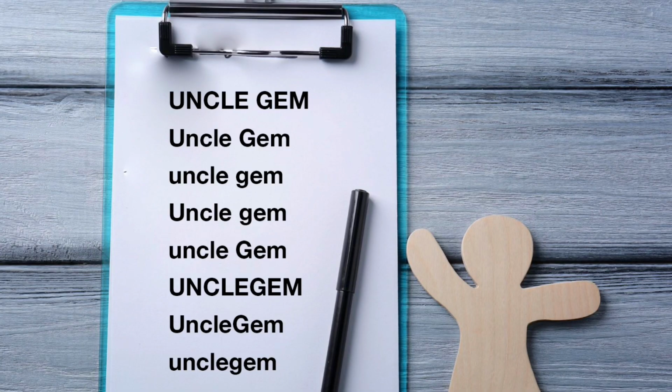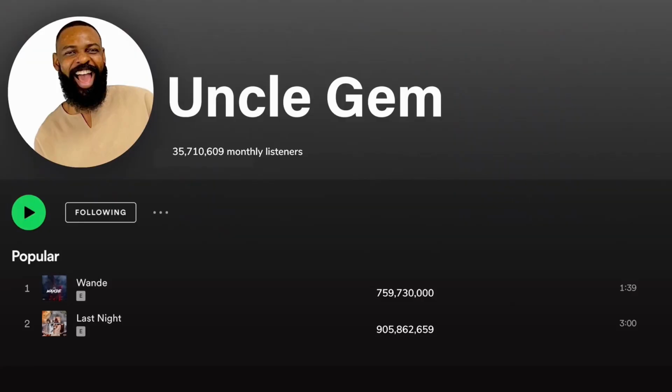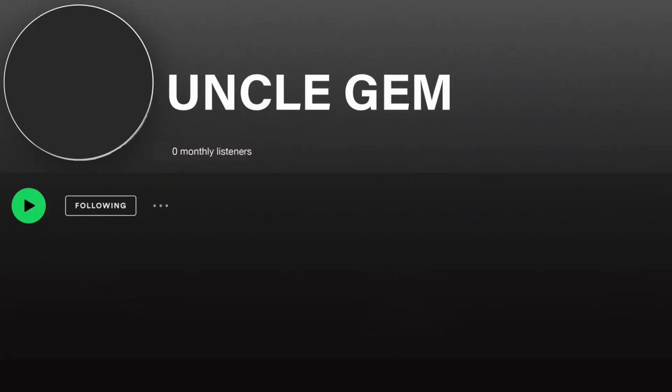It's quite interesting to know that these names, although they look similar, are all considered different artists. For example, if I release my first music under the name Uncle Jem using initial capitals, and in my subsequent release I fill out details in block capitals, this will result in that release dropping under a wrong account name, and this can be frustrating for both the artist and the fans.